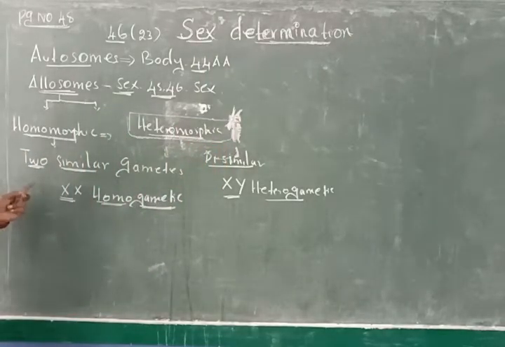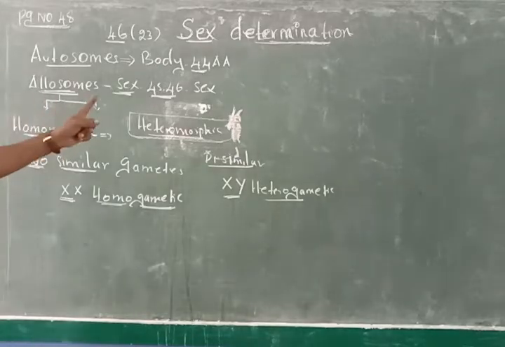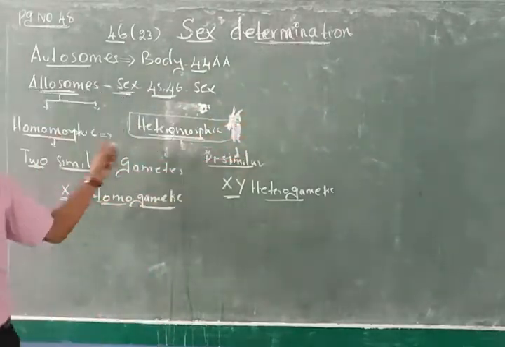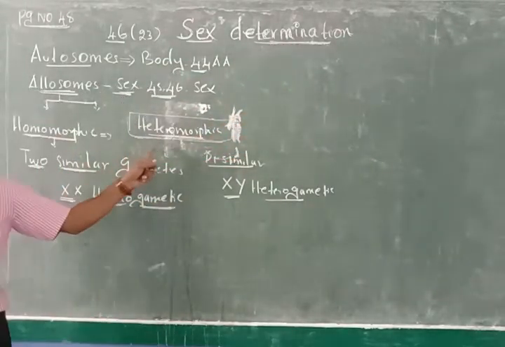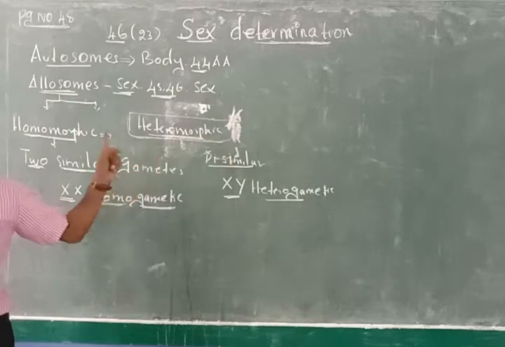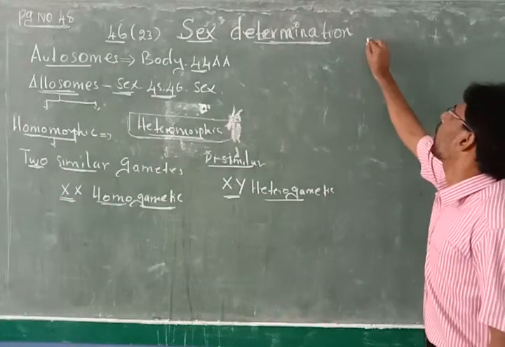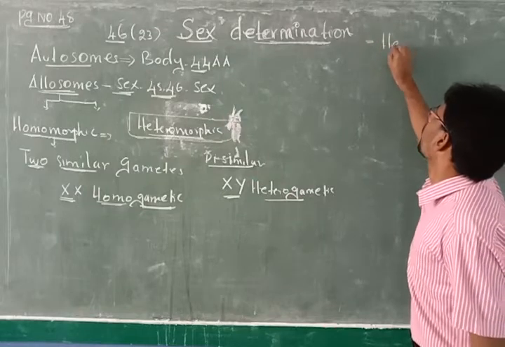It's an important one-mark question. In every organism, not only in human beings, in all organisms, sex determination is done not by the homomorphic, only by the heteromorphic. And that is the reason when we talk about sex determination, we are talking about these heterogametes.